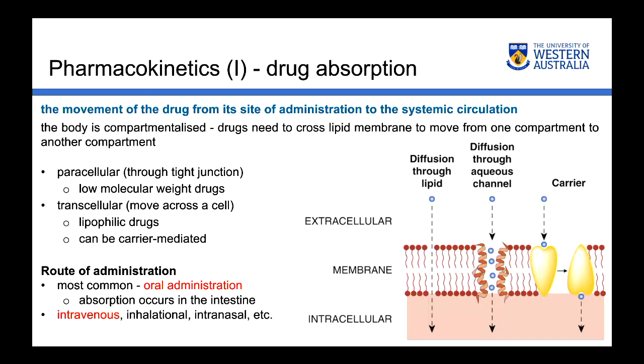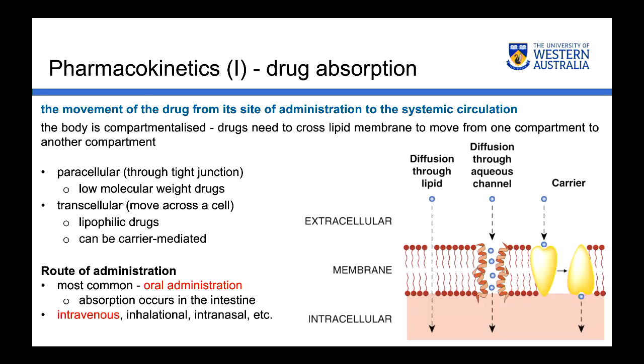Now when you look at the movement of drugs, I would like you to consider that our human body is compartmentalized. For example, if the drug moves from the intestinal lumen across epithelial cells and into our bloodstream, they need to cross layers of cell membranes, and therefore cell membranes serve as the boundary of different compartments.